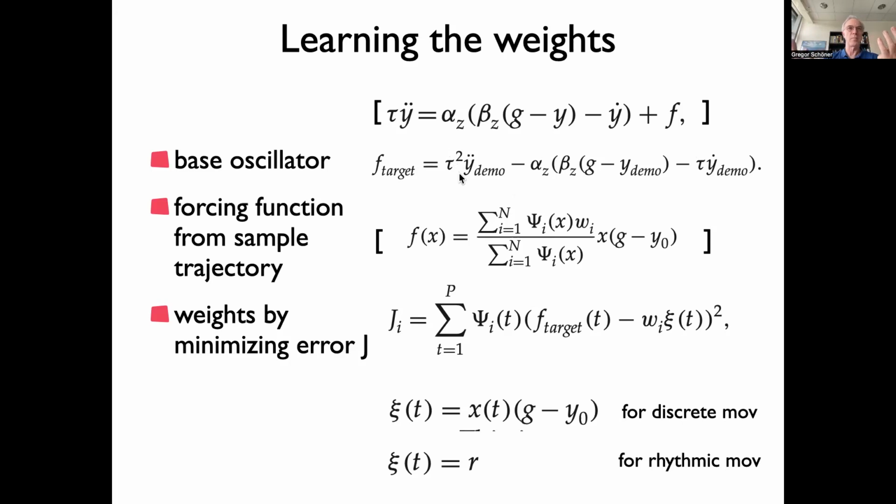Somebody demonstrates that movement and you record that movement, a human, and then you can estimate what forcing function would have generated that movement. And now you need to learn that forcing function. It was a very trivial thing. You want to minimize the distance between your model forcing function and that observed forcing function. So you could see this is a simple regression of these weights here that minimize this cost function.